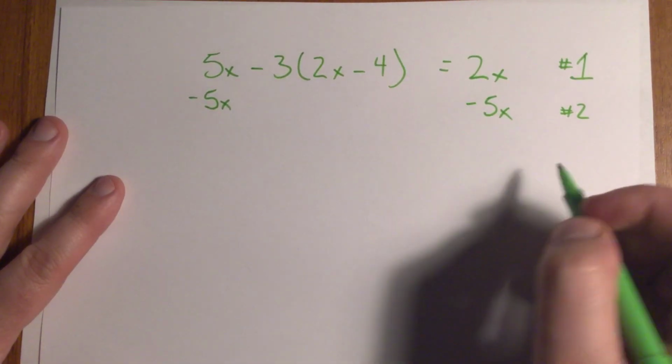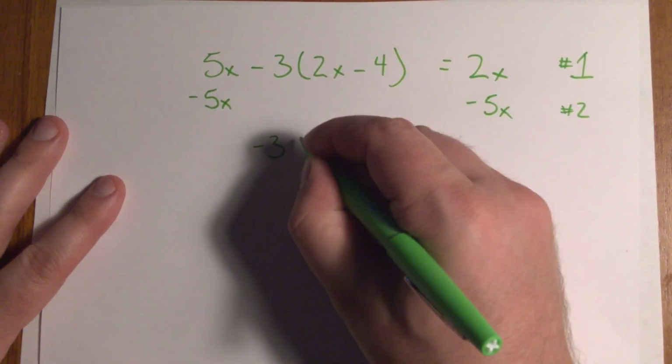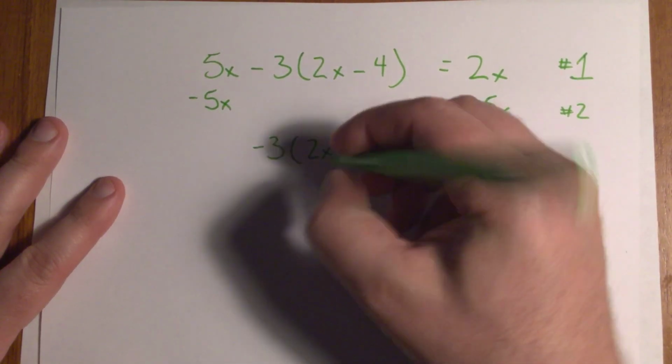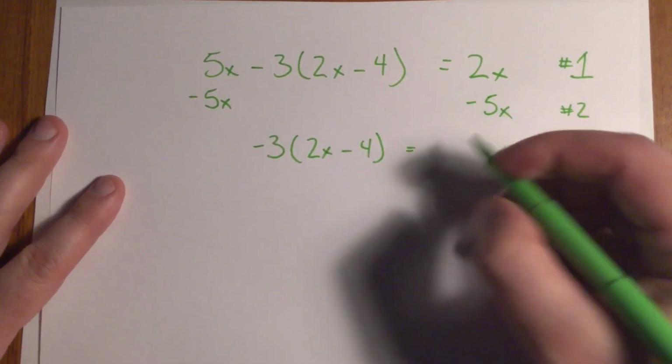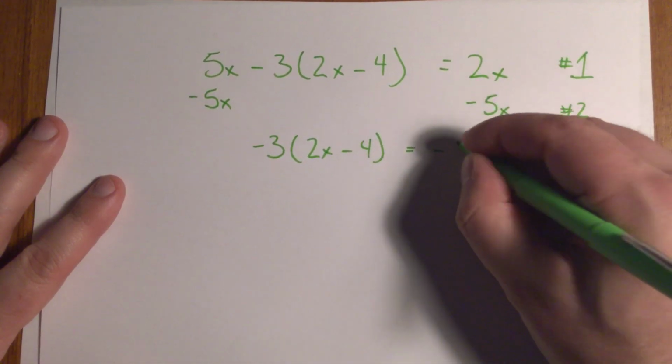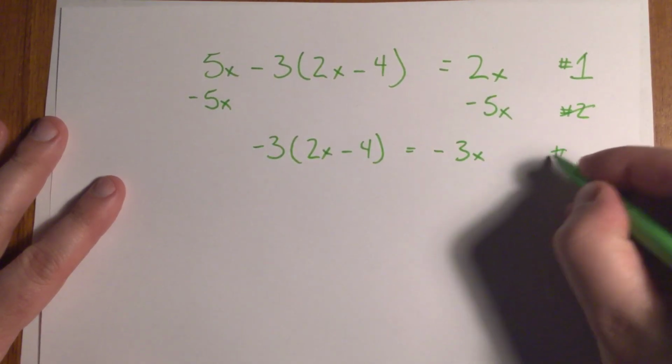That would leave us with negative 3 times 2x minus 4 equals 2x minus 5x, which is negative 3x. And this is really number 2 right there.